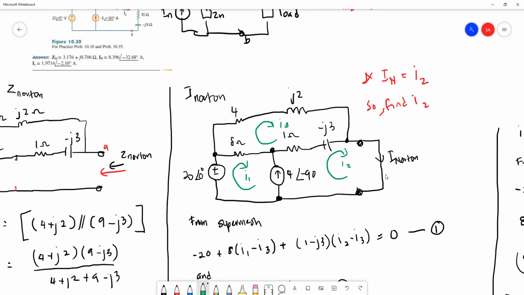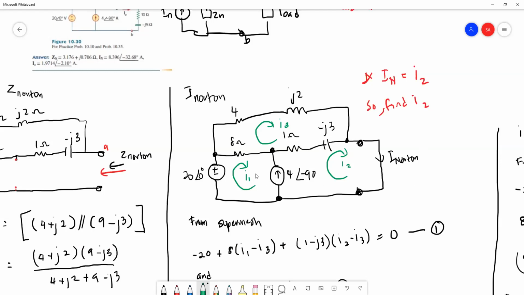To do this, I think the best choice is to conduct mesh analysis. I defined this one as I1, I2, and I3 like this. As you can see here, I Norton is equal to I2, so what you need to do is find the value of I2.